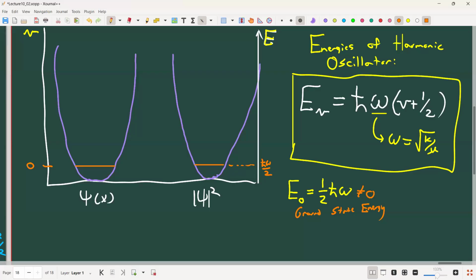Because if I had an ensemble, a sample of just diatomic molecules, and I cool them down to as low as possible, there's always still a little bit of residual heat in them because their ground state energy is non-zero. There's always residual heat in a bond. What that means is that even at effectively 0 Kelvin, the bond is always doing this. It always is vibrating.